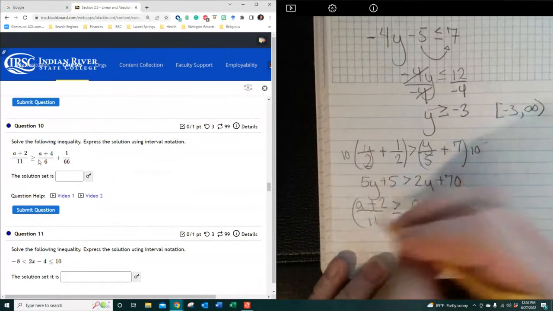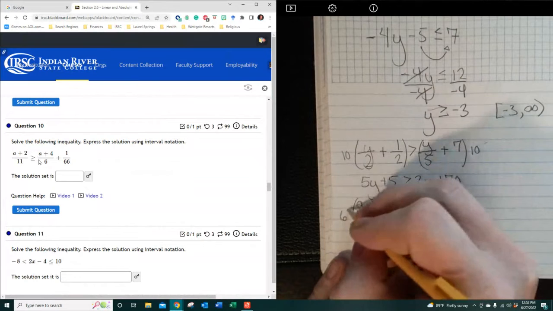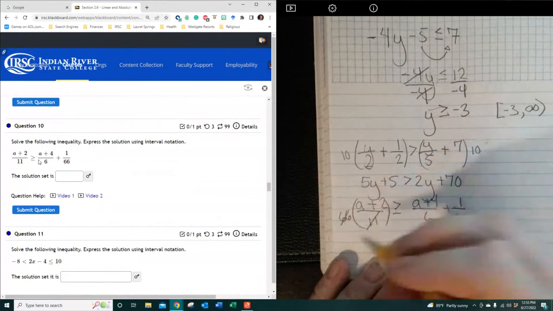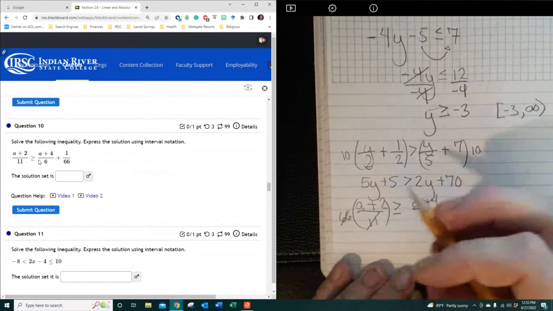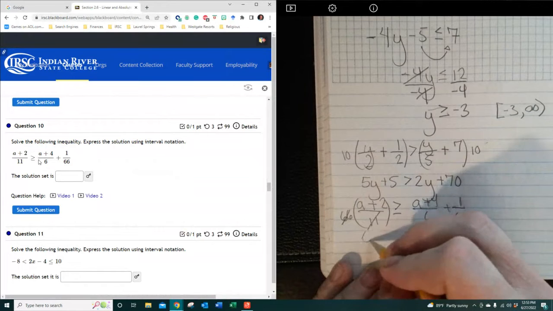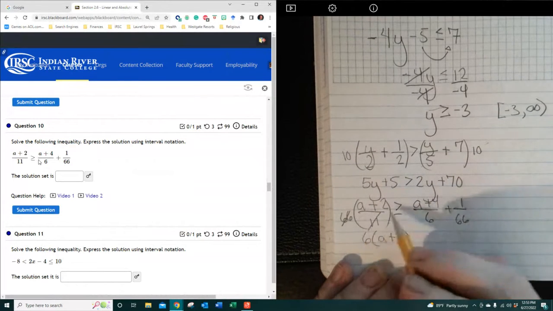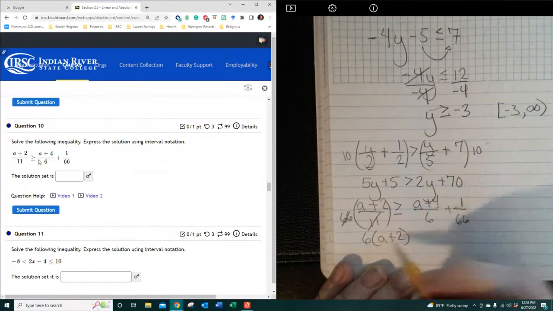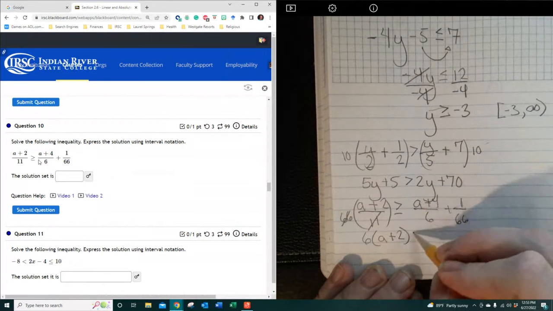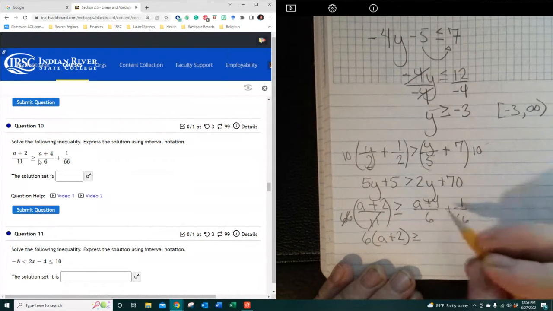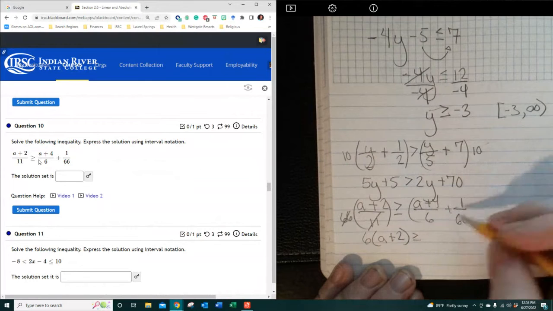When you multiply both sides by 66, this will get eliminated and get 6. The one thing I want you to get a handle on is putting a 6 and then the numerator jumps into parentheses. That's a good habit.